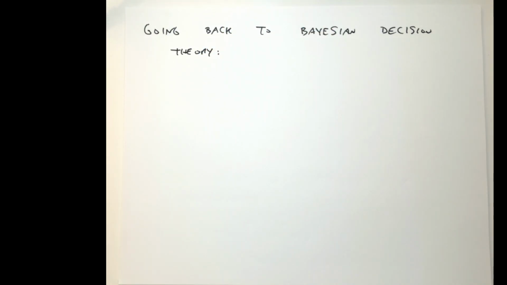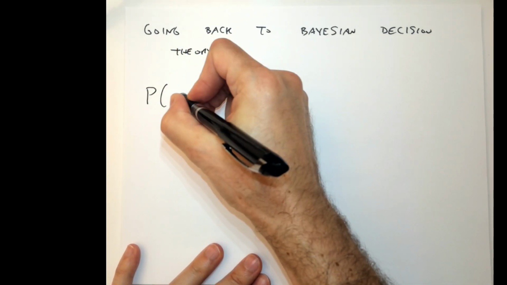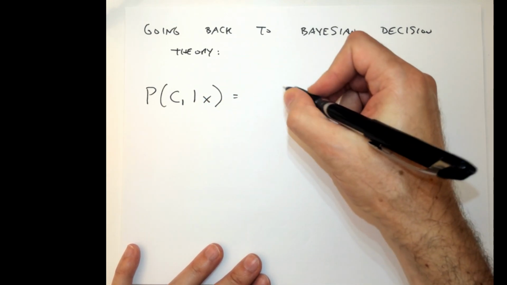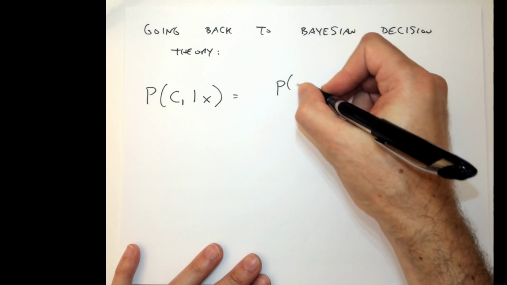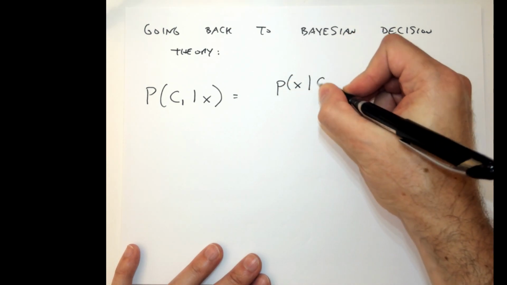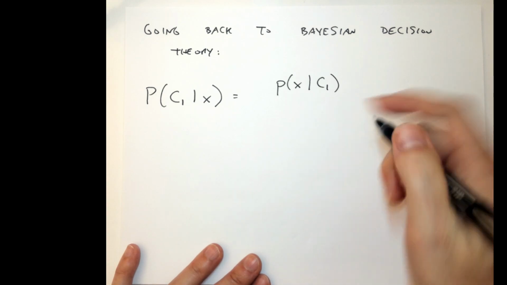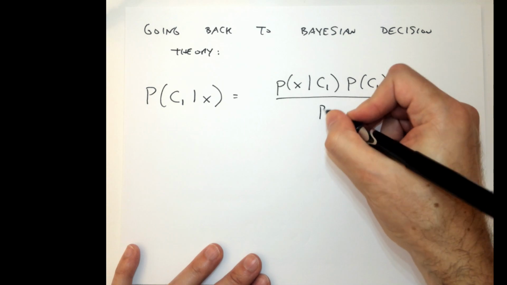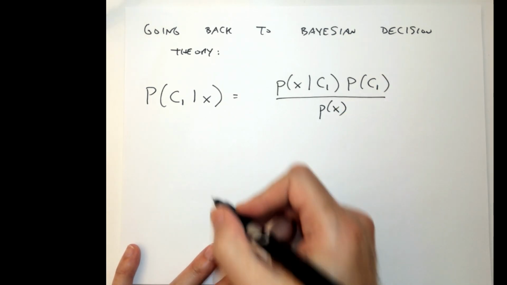The motivation there was that we had classes and priors, and we're trying to choose the class that had the highest posterior probability, right? So we're looking at the posterior probability of class 1 given the data, which we modeled using Bayes' rule as the class conditional PDF of x given the class times the prior over, this is what you'd call the evidence, right?